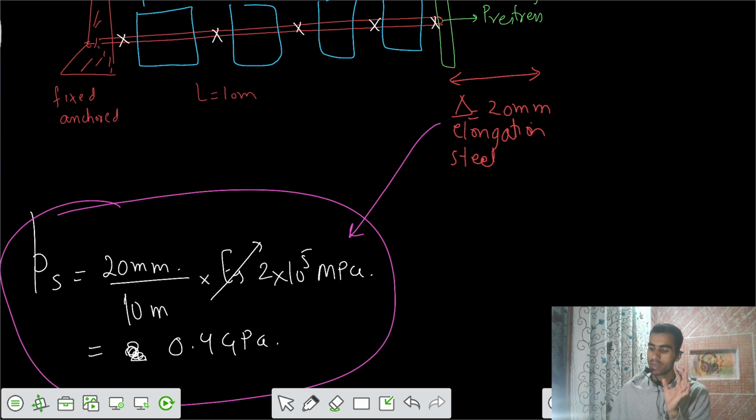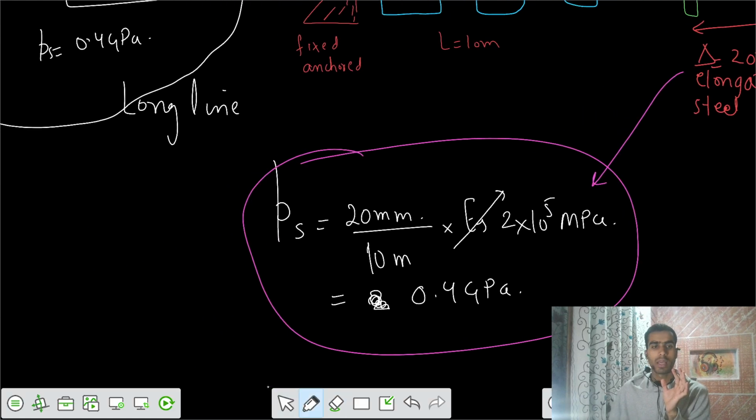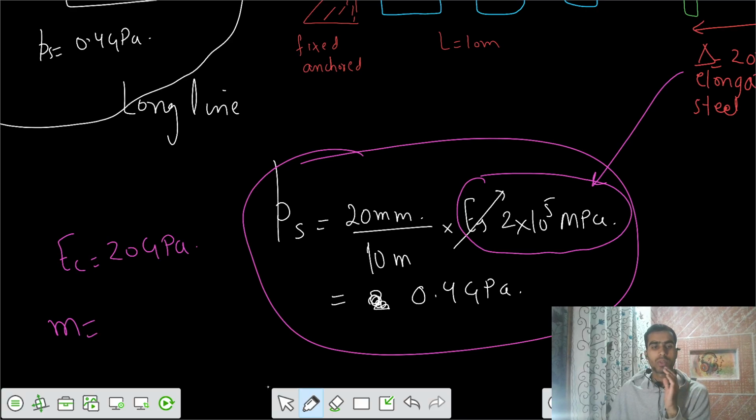One more thing is that Ec for the concrete is 20 gigapascals, and Es for the steel is also given. That means the modular ratio can be solved as Es by Ec, which equals 10.